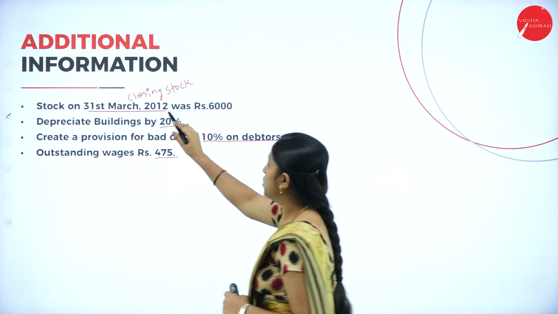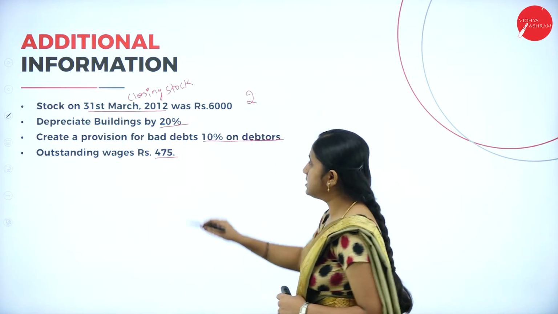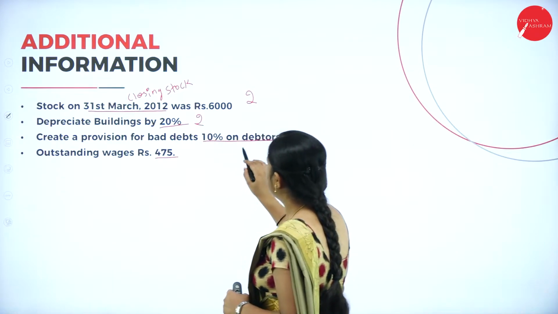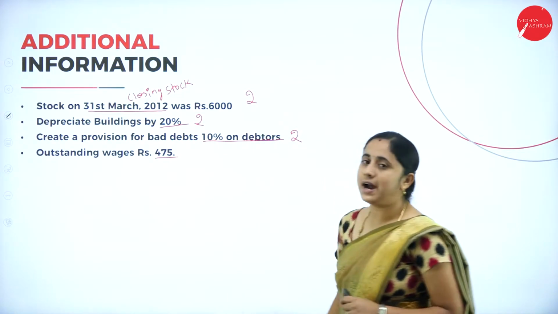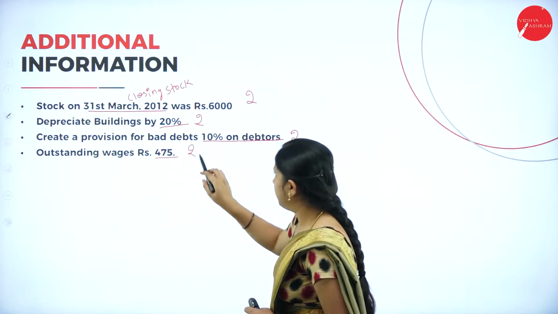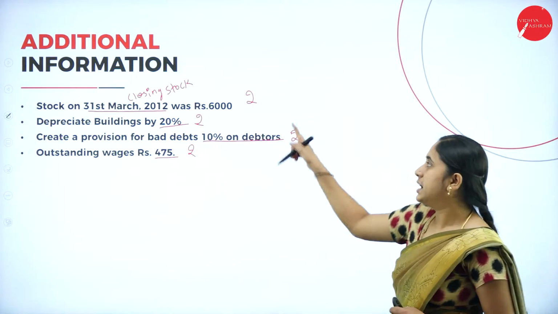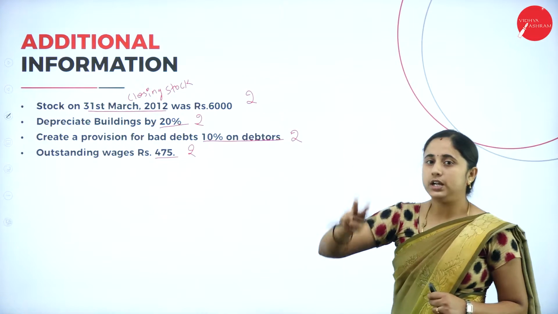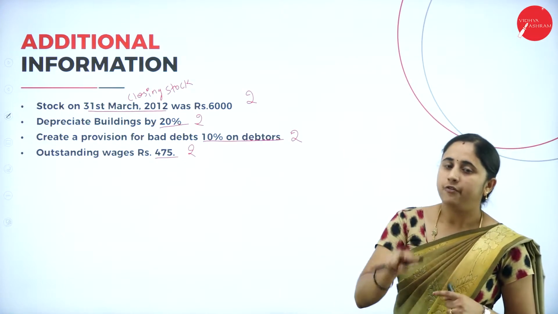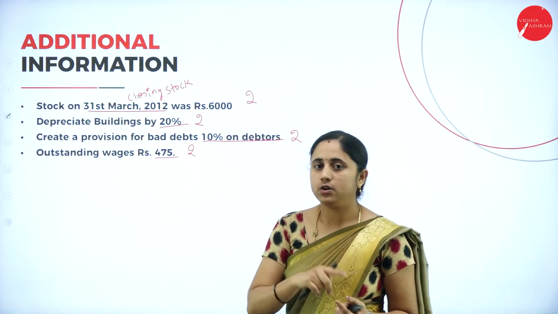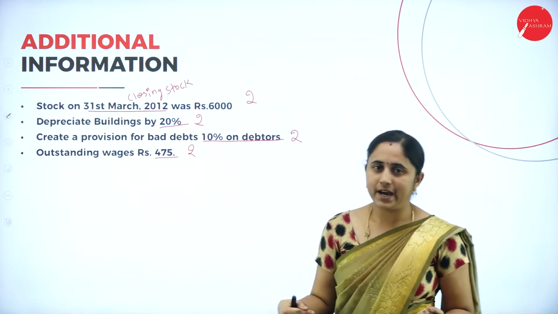That means closing stock you will consider twice, depreciation twice, provision for bad debts twice, outstanding wages twice, in the trading account or profit and loss account or in the balance sheet.